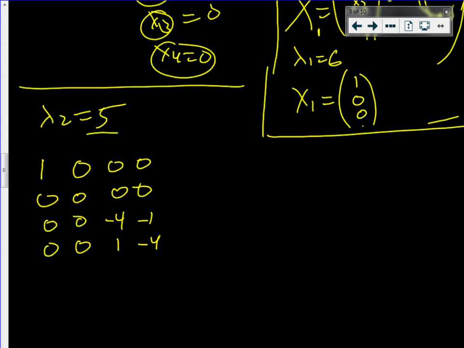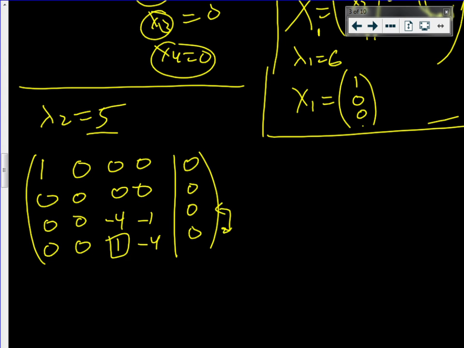Okay, so I want to solve this system of equations. I could interchange those two rows. That way I get my leading one right in the third row. So I have 1, 0, 0, 0.